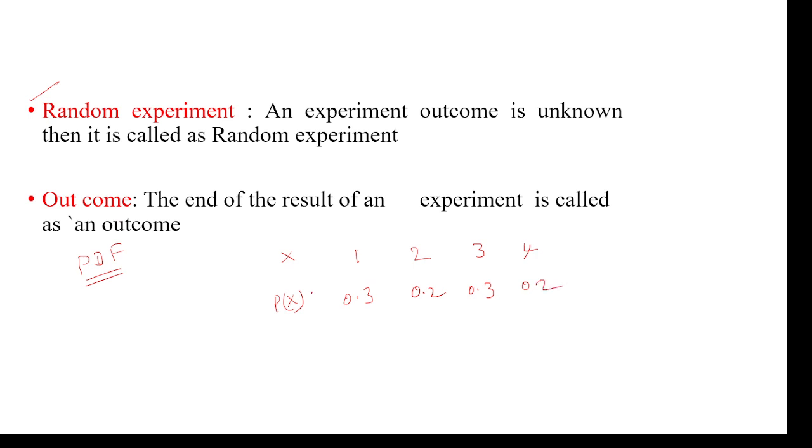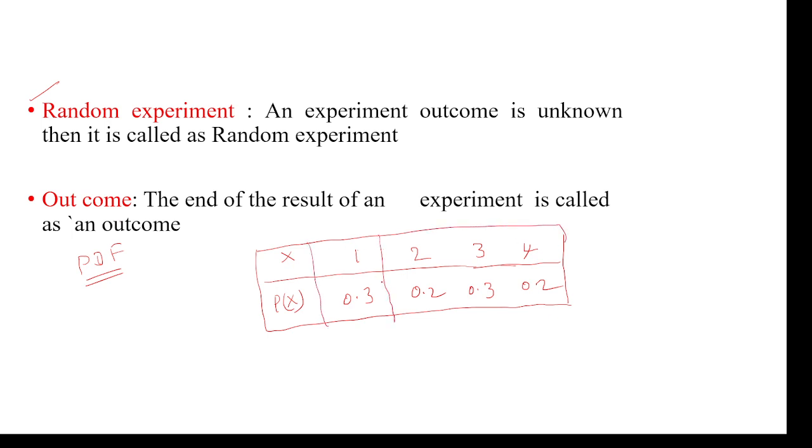Or else this X is a company and they are designing some boards with these probabilities. The first day they design with probability 0.3, the second day 0.2, the third day 0.3, and the fourth 0.2.